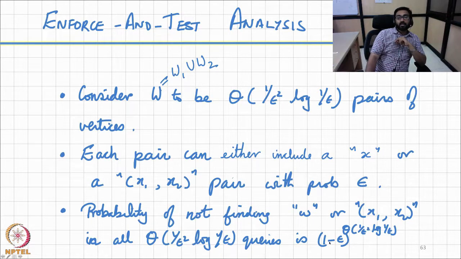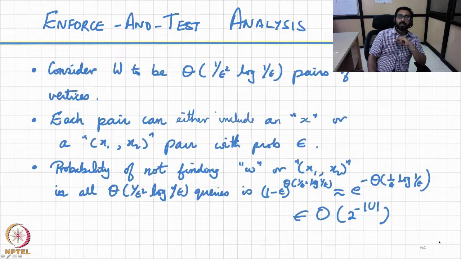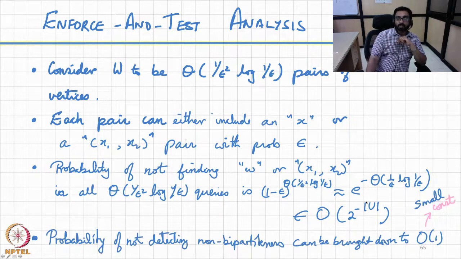That's going to be 1 minus epsilon raised to the theta of 1 over epsilon squared log 1 over epsilon, which we can work out to be O of 2 raised to the minus |U|. With appropriate constants embedded into these theta notations, we can bring this probability down to a small constant, the probability of not detecting non-bipartiteness. So this gives us the overall idea.